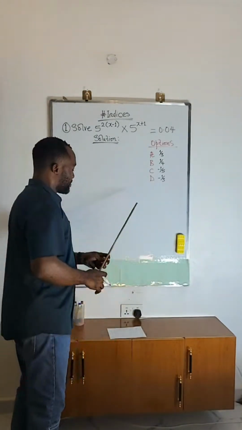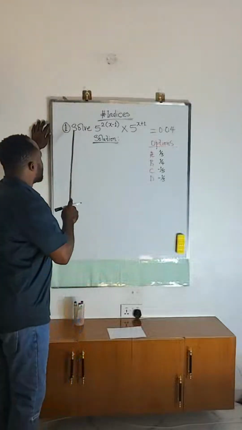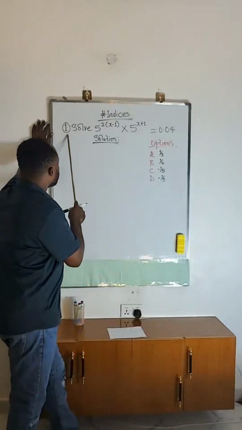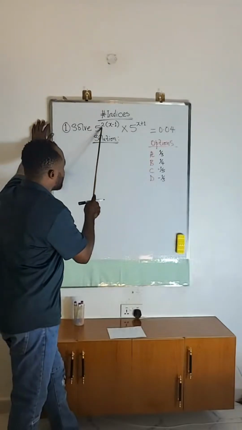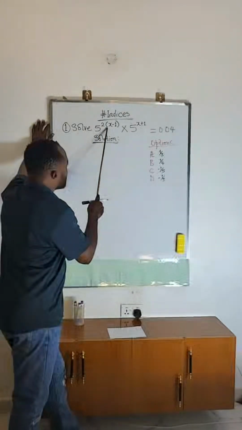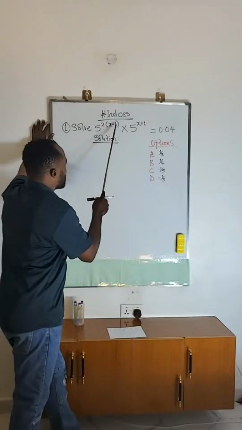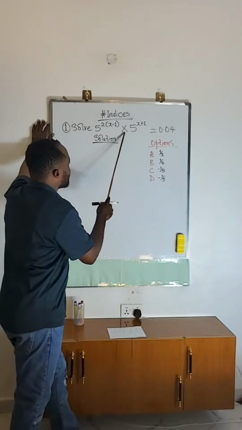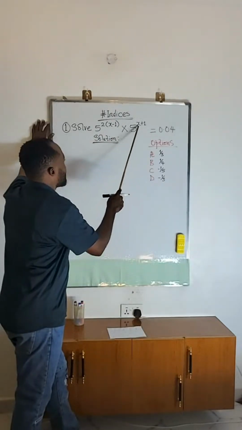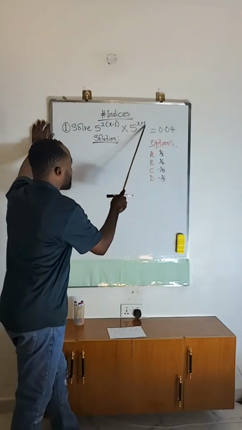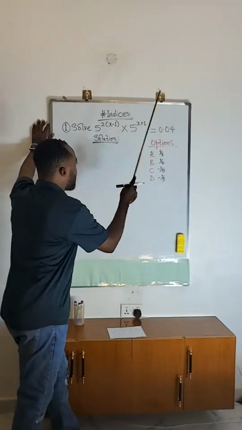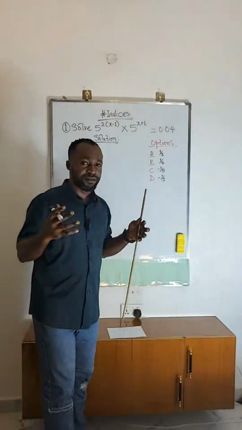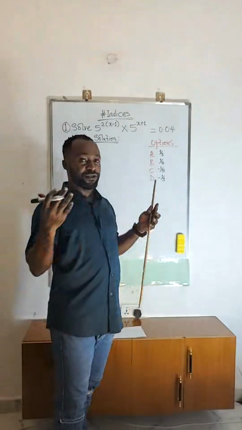All right. You have question number 1. Solve 5 raised to the power of 2x minus 1 times 5 raised to the power of x plus 1 equals 0.04. This is an exam question.